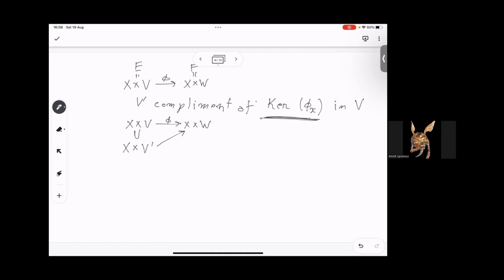Right. What we note is that, let's call this composition psi. We note that psi is surjective on the image at x, like only at x, because that's where we chose it to be the complement.